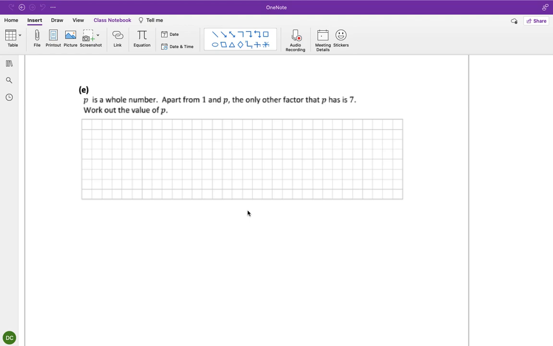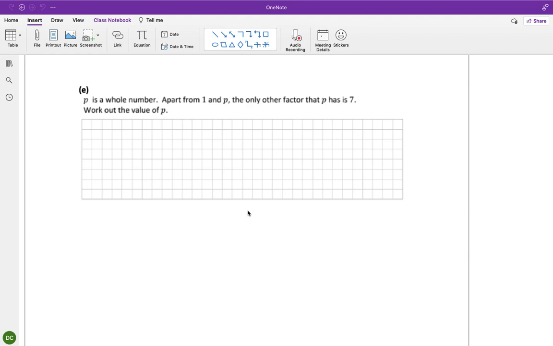And the last one, P is a whole number. Apart from 1 and P, the only factor that P has is 7. Okay, so if 7 is a factor, that means it must be a multiple of 7.